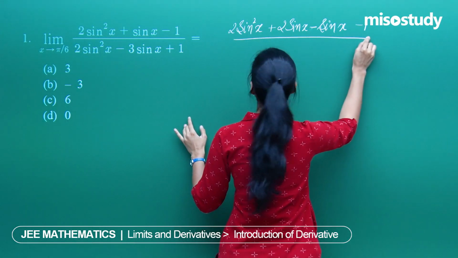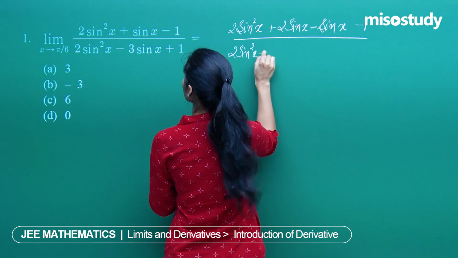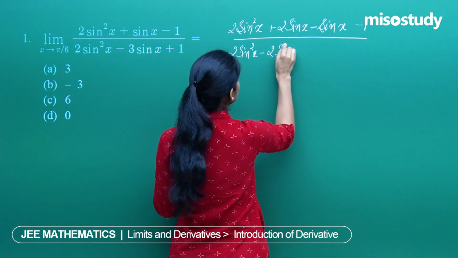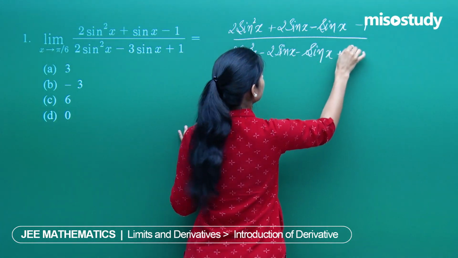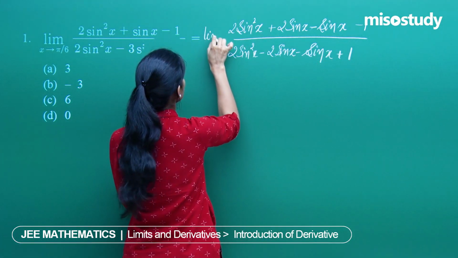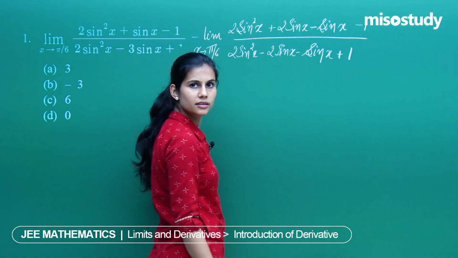And the denominator will be broken up as what? 2 sine square x minus 2 sine x minus sine x plus 1, and you need to evaluate the limit as x approaches pi by 6, right?